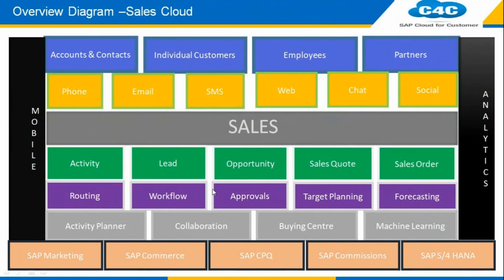You have routing, workflow, approvals, and machine learning enabled here. You have buying center collaboration. Then the integration aspect: it can be integrated with marketing cloud, SAP commerce cloud, CPQ, commission, S4HANA. Then there is a mobile application on the left hand side, and on the right hand side analytics and dashboard. It gives you a broader view of what the sales cloud covers.